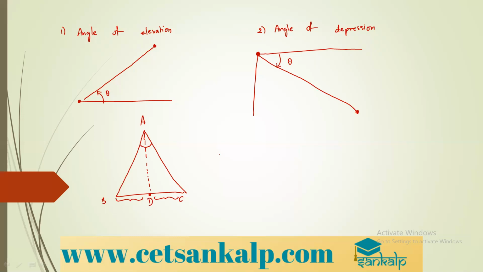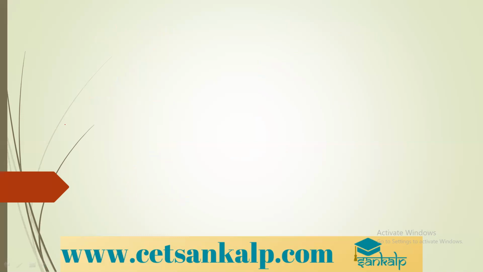That means BD is to DC will be equal to, if you take AB's measure as C and AC's measure as B, so it will be C is to B. So you can say that the internal angle bisector of angle A divides the opposite side in the ratio of the sides which form the angle. C is to B is the ratio. Okay, so this is the third point.